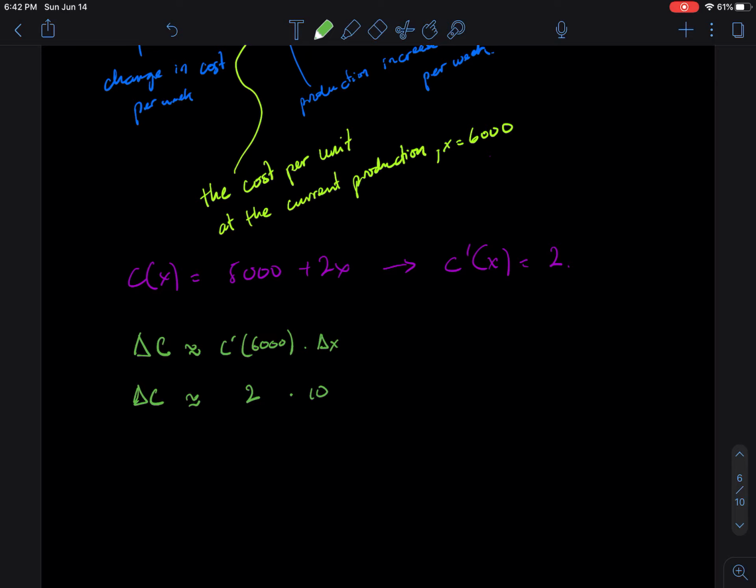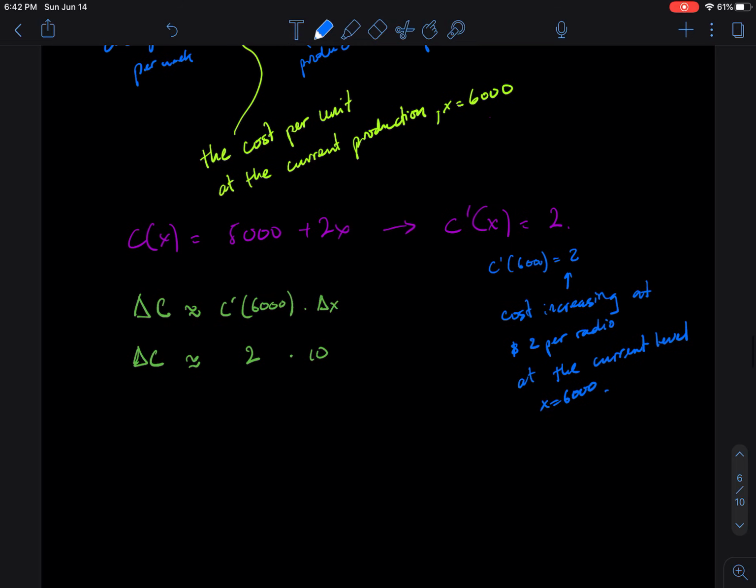C prime of 6,000 is just 2. So this is saying that the cost is increasing at $2 per radio at the current level of 6,000 radios produced per week.